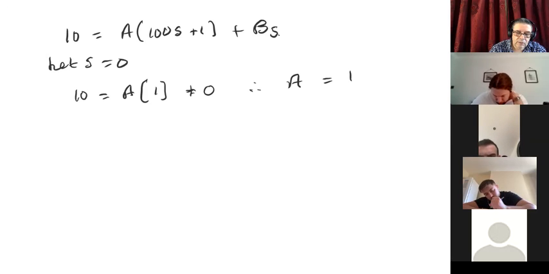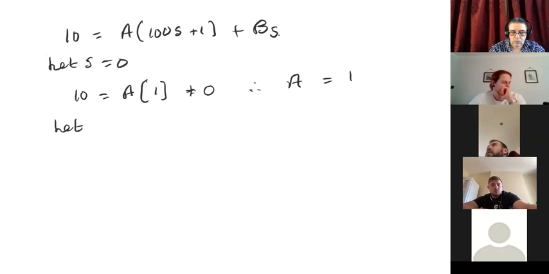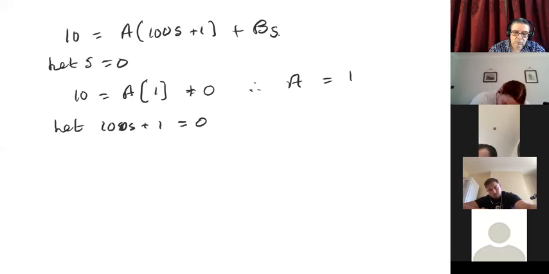All happy with that? Now, what we have to do then is let 100s plus 1 equal 0. Then we need to rearrange that.